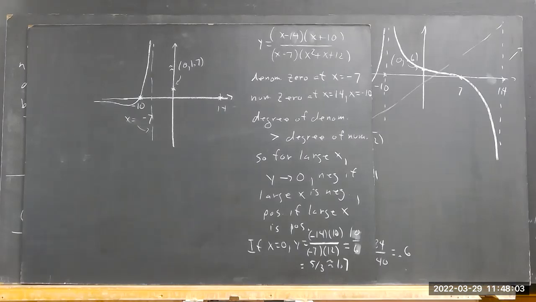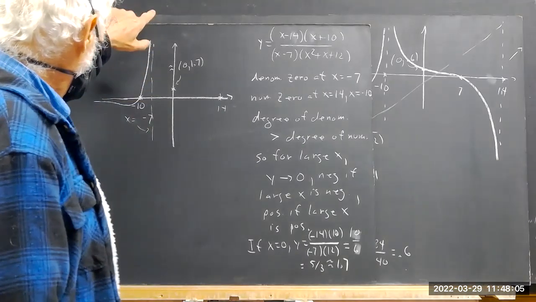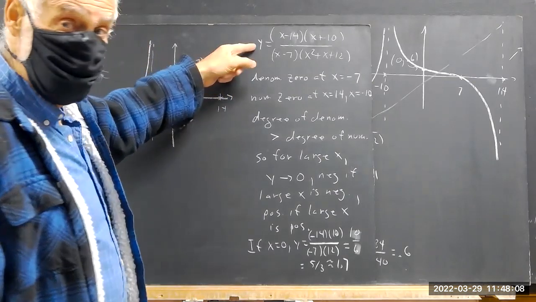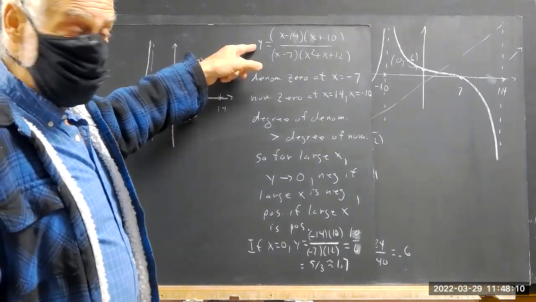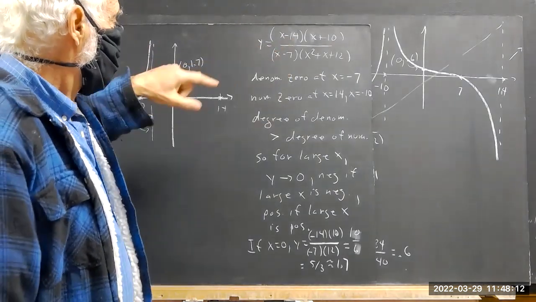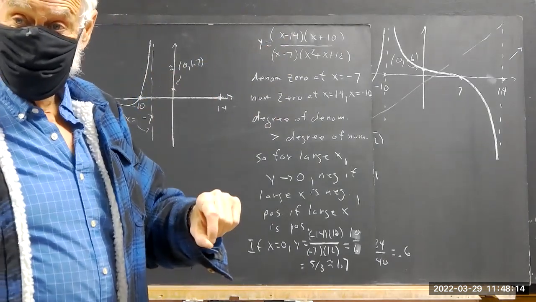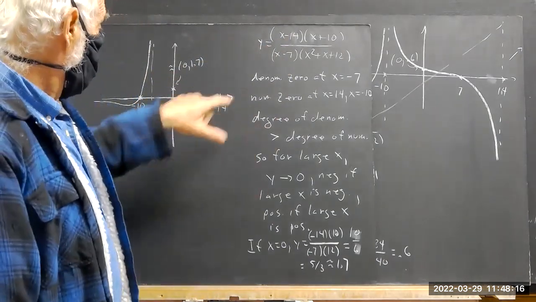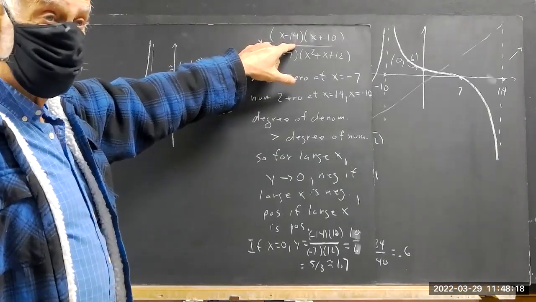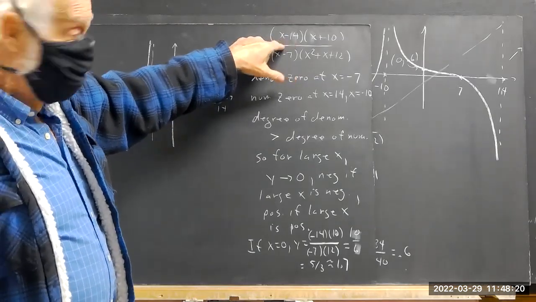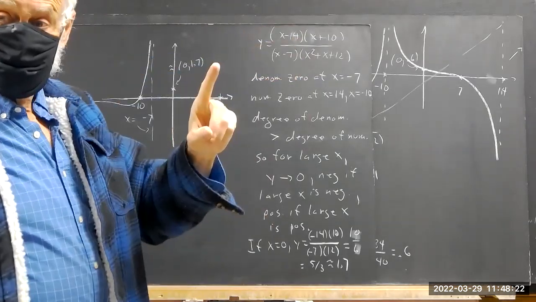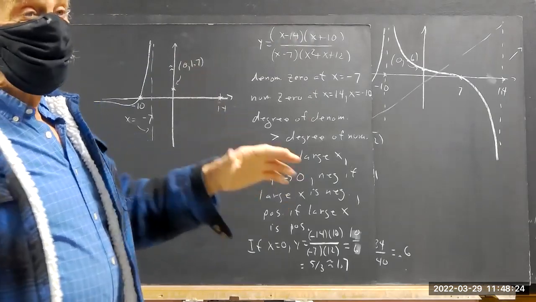Okay, somebody made an excellent comment that sometimes it comes down here and just touches here and goes up. But that occurs only if you have an even multiplicity. That zero here comes from x minus 14 being equal to 0, and x minus 14 is just to the first power. That's an odd multiplicity.